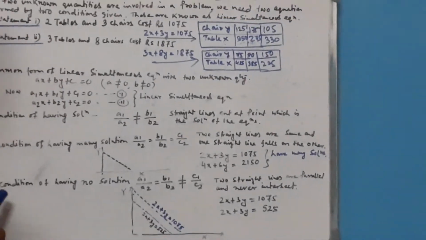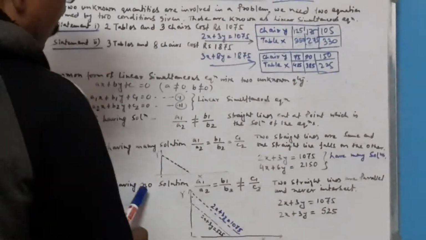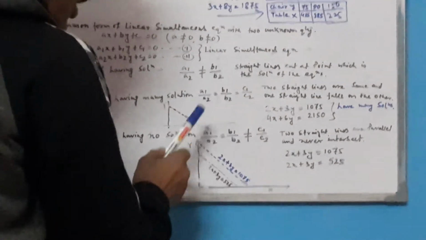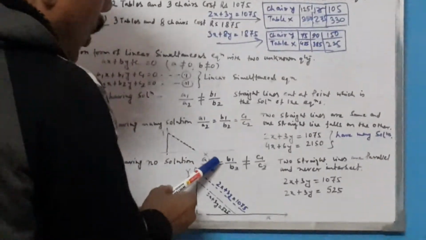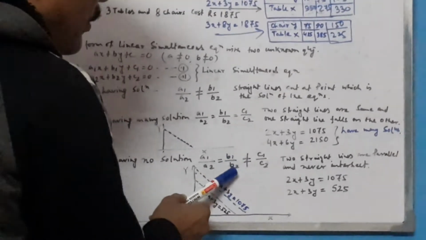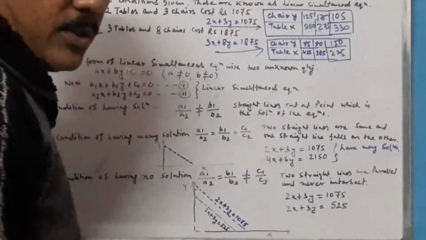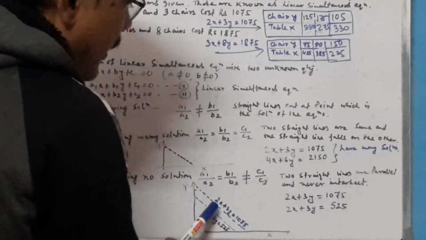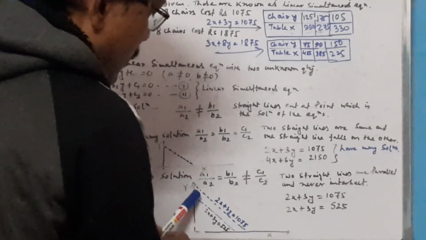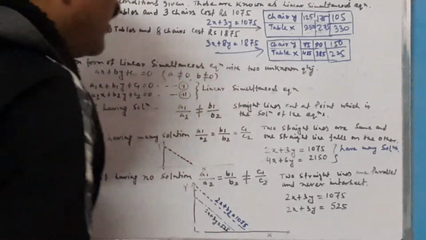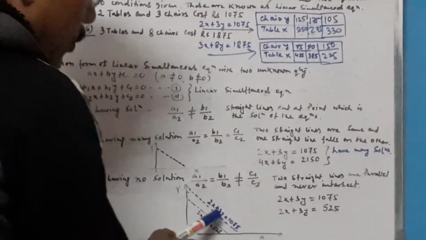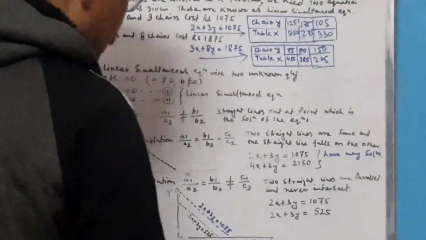Number 3 is the last condition, the condition of having no solution. What is the condition? The condition is a1 by a2 equal to b1 by b2 but not equal to c1 by c2. That means one line is just shifted by a particular distance, but these two straight lines will be parallel to each other because the gradients of these two straight lines are the same.